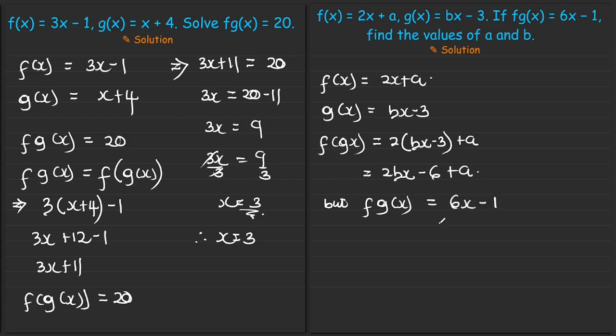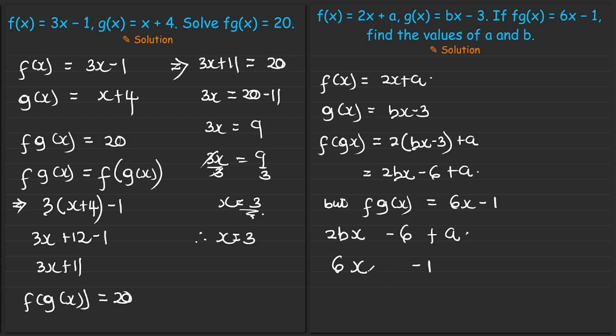minus 1. So what we do is we compare what we have over here. Looking at what we solved, we had 2bx then minus 6 plus a. So what we have here is 6x minus 1.